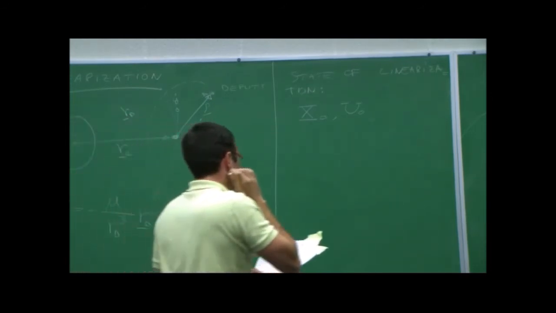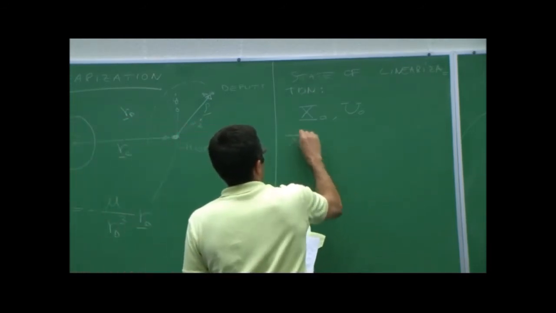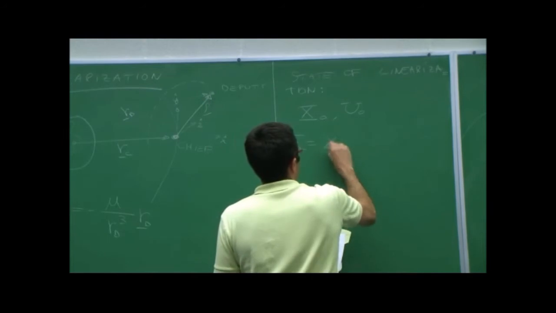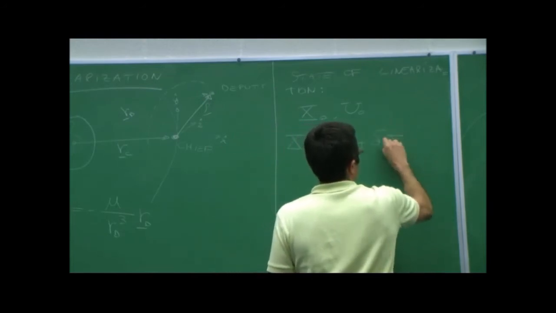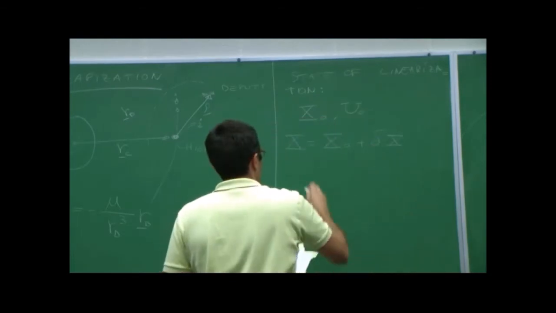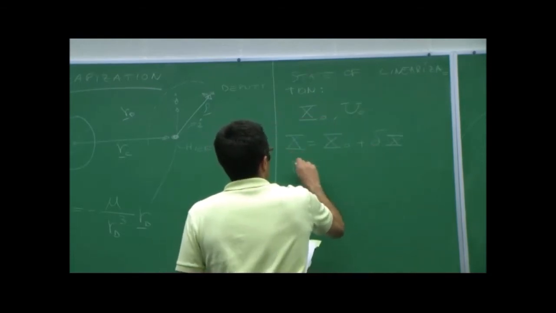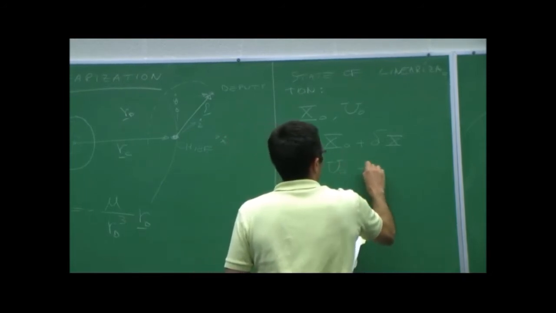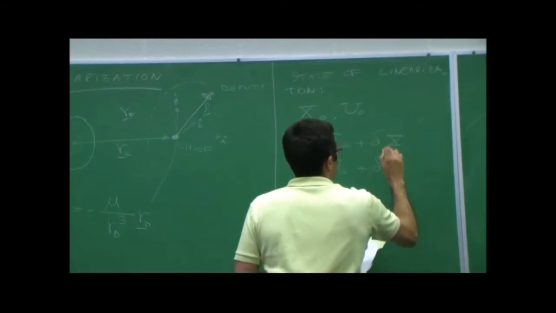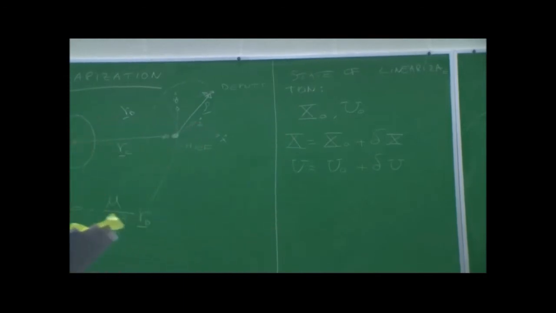Okay. Well, I can write any particular state x as x0 plus some delta x, there's nothing wrong with doing that, of course. And then u, I can always write it as u0 plus delta u. Right? There's nothing wrong with doing that.